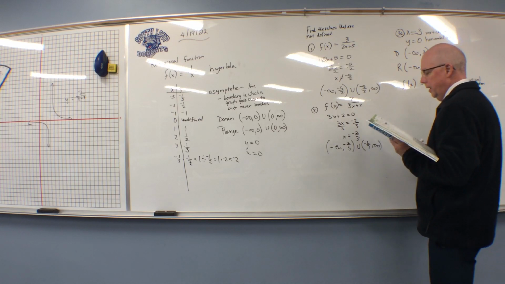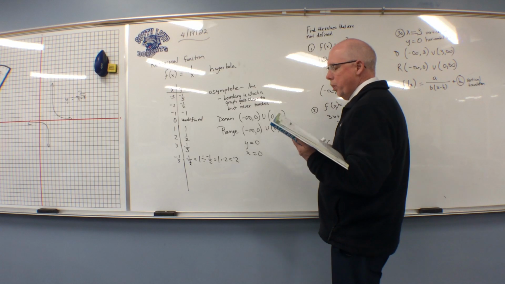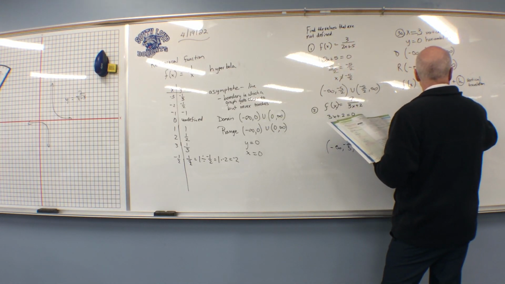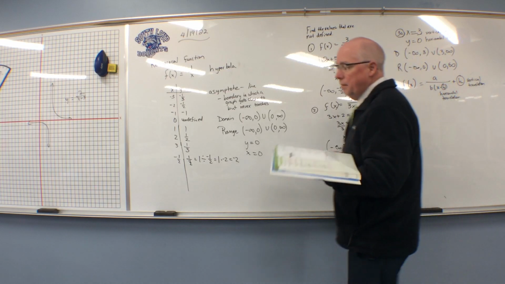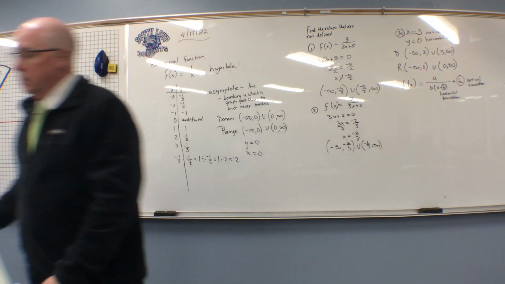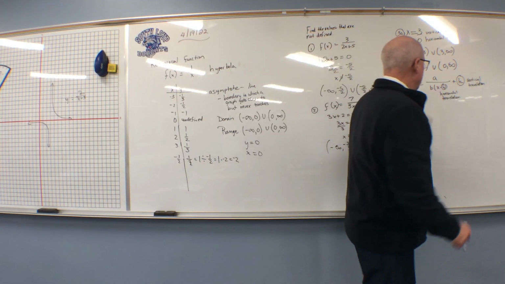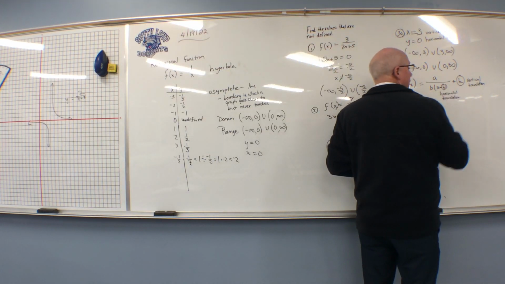It's a vertical translation. Okay? This right here is a horizontal translation. Now, Joey, you'll remember that the horizontal translation is always backwards because this is a subtraction sign. You see what I'm saying?